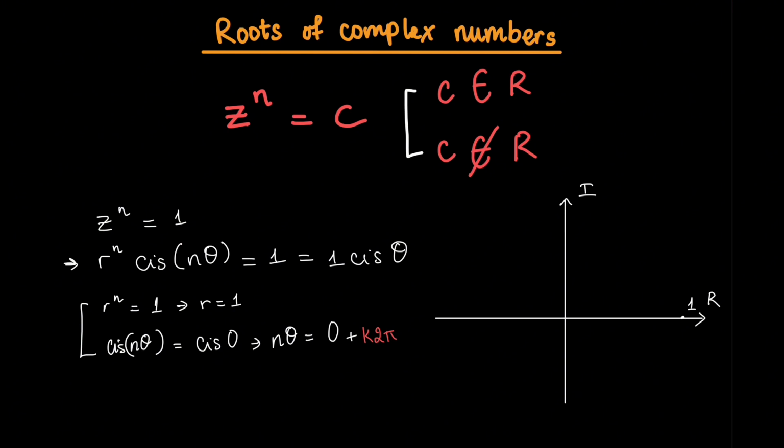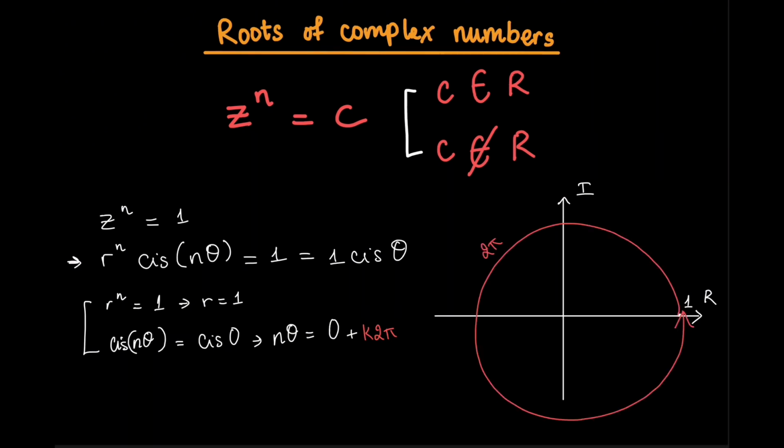However, the argument is a bit trickier, since here we have cis of n times theta being equal to cis of 0. We cannot just stop with n theta being equal to 0, since we're trying to find all the possible roots of this equation. So instead of just 0, we're going to add k times 2 pi, with k being a constant.